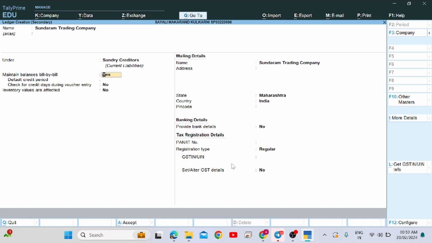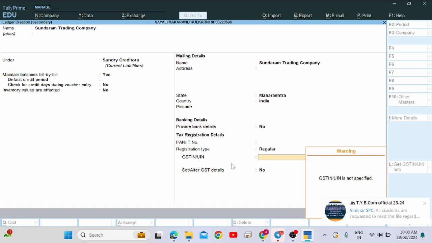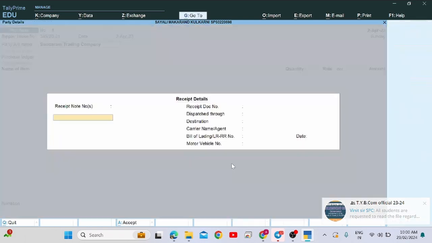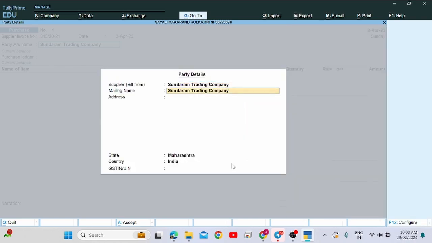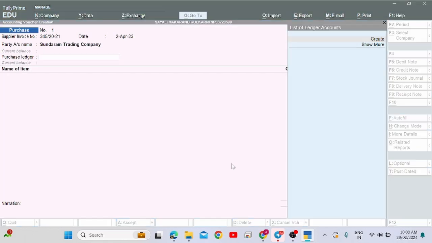And then address, if you want to write it, otherwise forget it. And then finally accept. I have created this ledger successfully. Now these details we are not having for the time being, therefore simply accept it, and then this screen also accept.